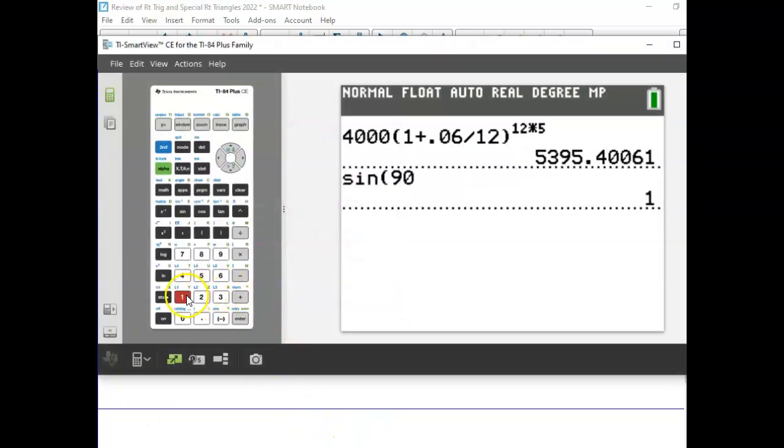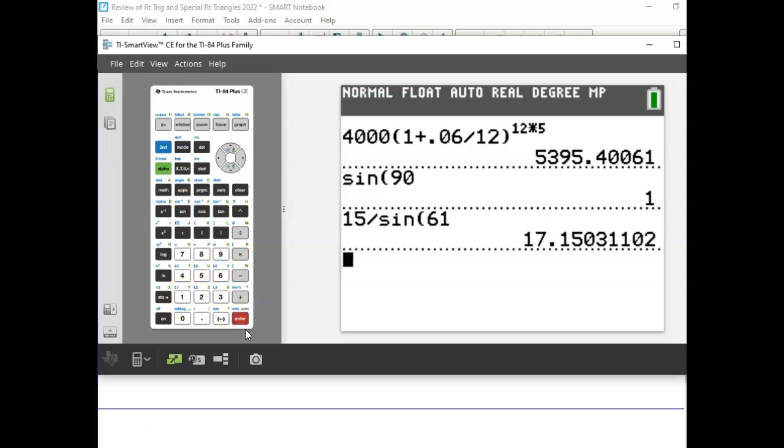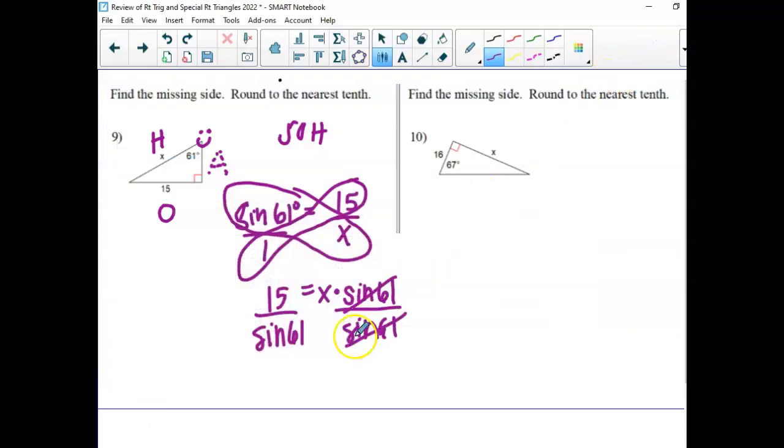So we go to our calculator and we do 15 divided by the sine of 61. And I got 17 point, I don't remember what Delta Math does. Might do tenths. 17.2 maybe. I wish I remembered that. I should have looked that up this morning. It is tenths, thank you. 17.2. Oh, it says tenths right here too.